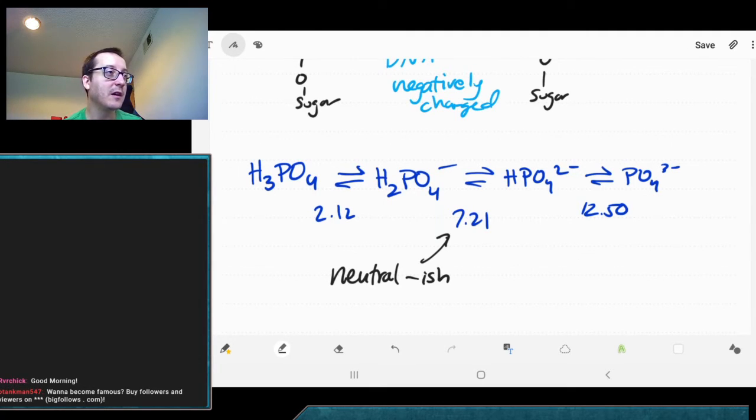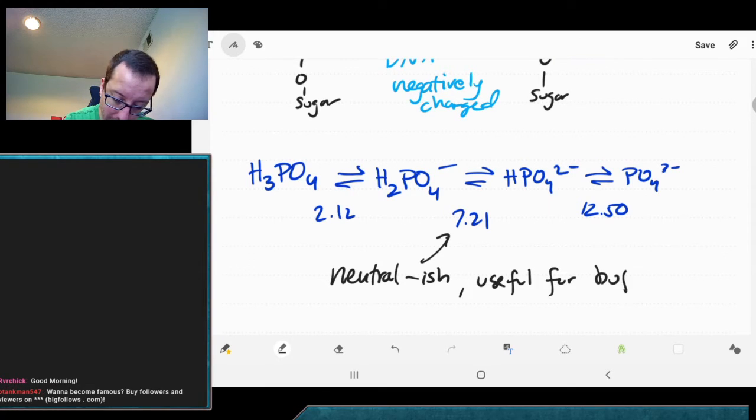So a lot of good buffers can be made here. And this is one of the buffer systems that your body does use. It's more important in the urine, where you're buffering the urine, but it is also in the blood, so it is useful there.